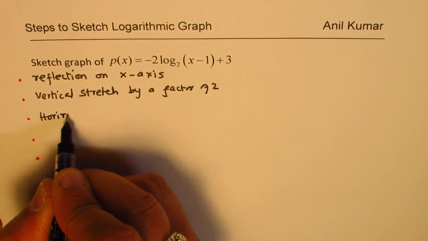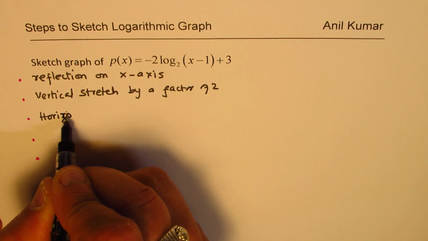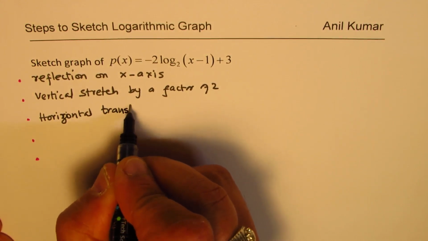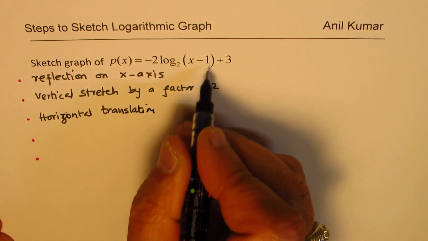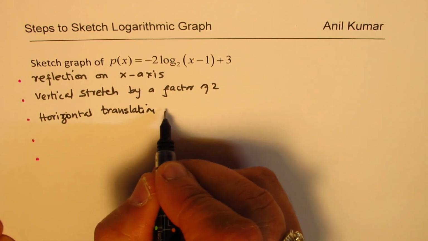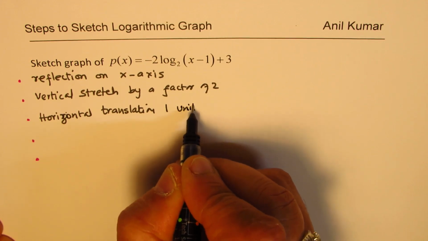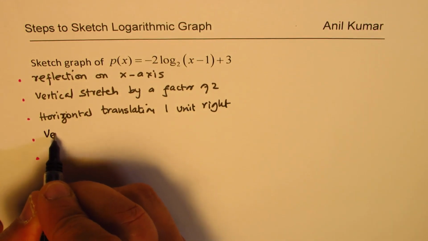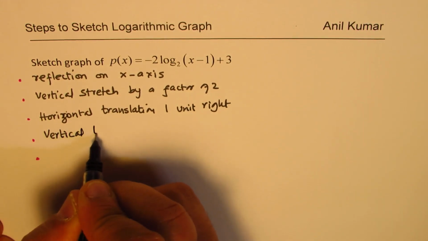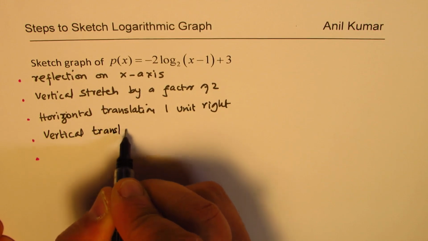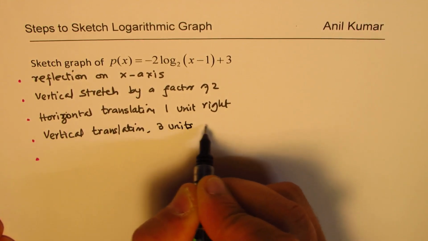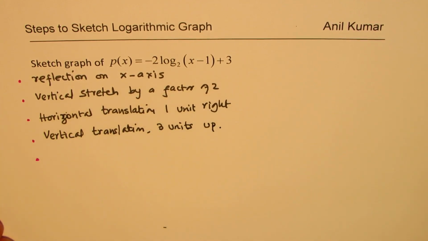Horizontal translation. By how much? Just 1 unit. Which direction? Horizontal translation, 1 unit. Right. Correct. And 3 is a vertical translation. Three units up. So combining all this, we get our transformed function.